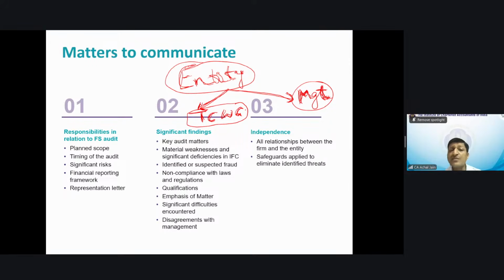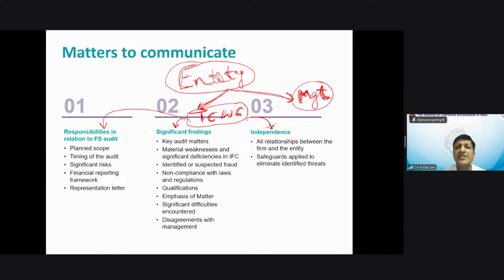No. And that's where some of these areas are required to be considered, which are going to be the matter of discussion between the auditor and the TCWG. So what are those? Planned scope, timing of the audit.